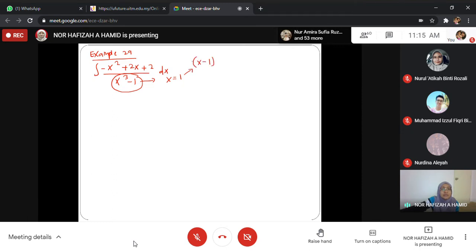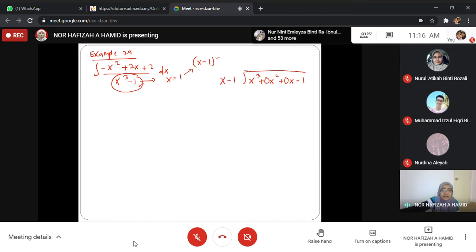Okay, so you can recall the polynomial chapter from last semester. If you have a cubic function and you have one of the factors, you can solve using long division or synthetic division. For example, I solve using the long division method. You can divide x cube plus 0x square plus 0x minus 1 by x minus 1.